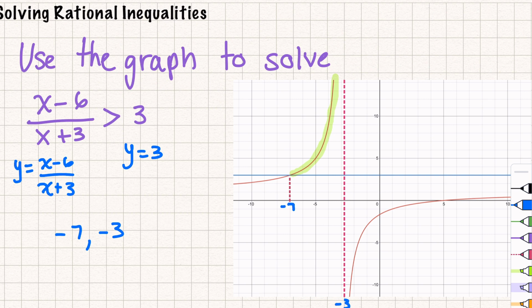Well, we're not including this point because it's not asking when is it greater than or equal to 3, so we would use a round bracket here. And at -3, we have an asymptote, so it's not including that point either. We'll also use a round bracket. And there you have it. This is our interval notation to solve this graph.